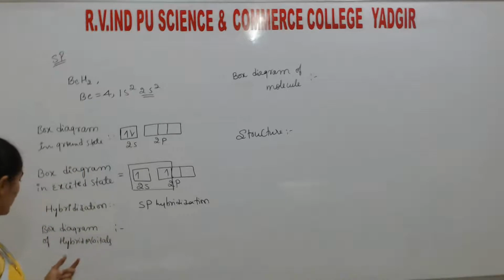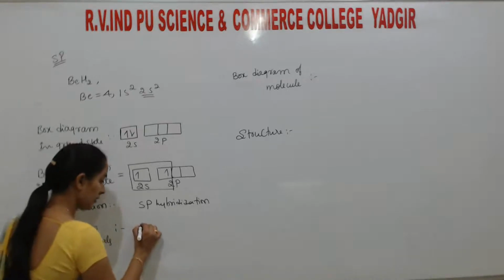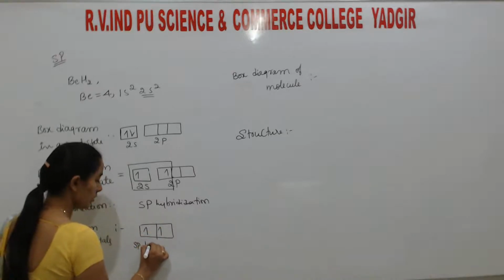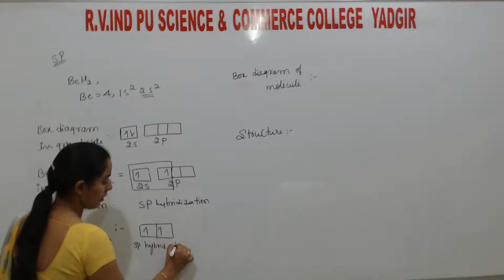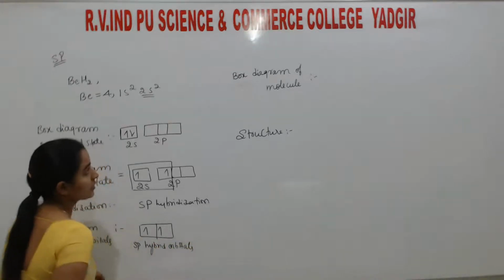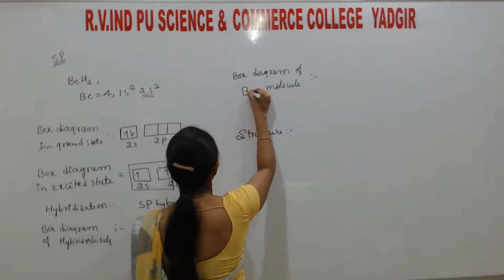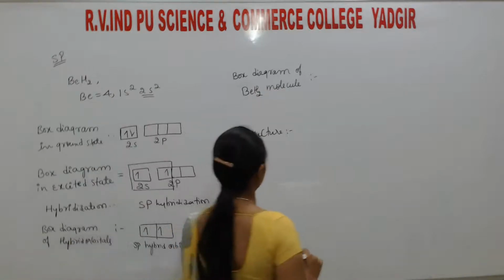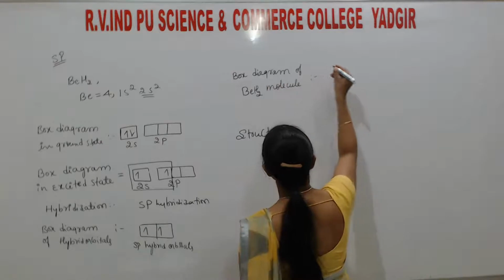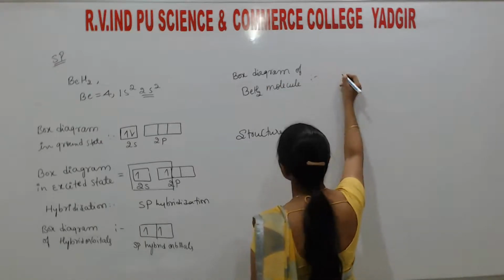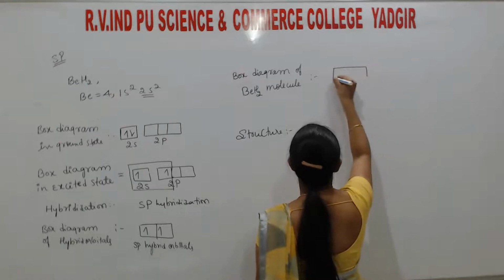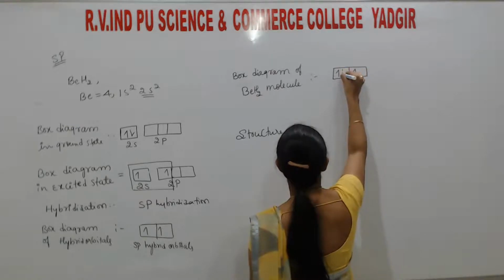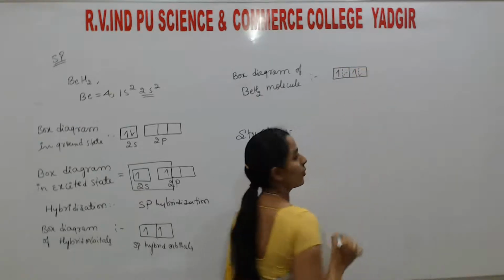Okay. Next we need to write the box diagram for hybrid orbitals. This is the sp hybrid orbitals. Next one is the box diagram for the BeH2 molecule. Here, this is the electron of beryllium, to which the electron of hydrogen is bonded.